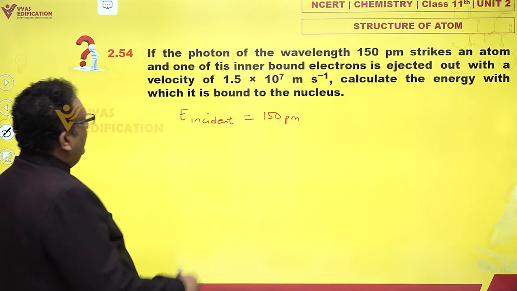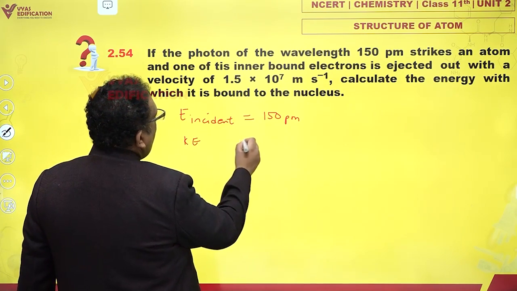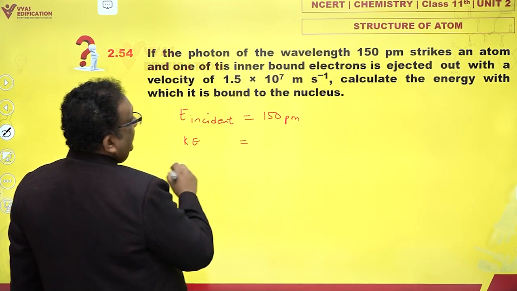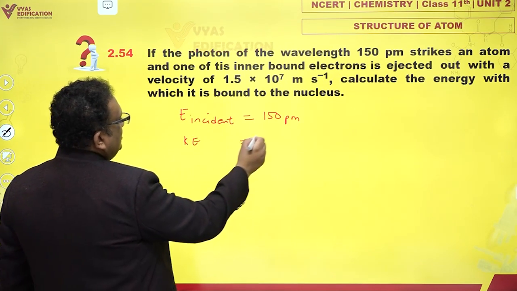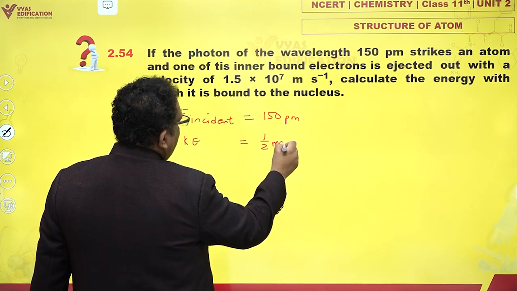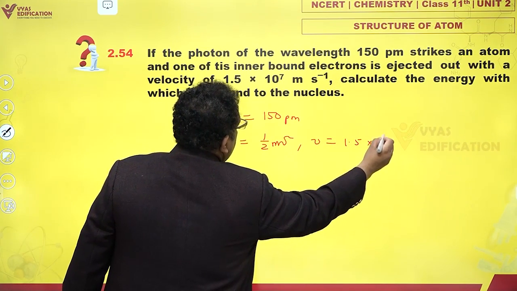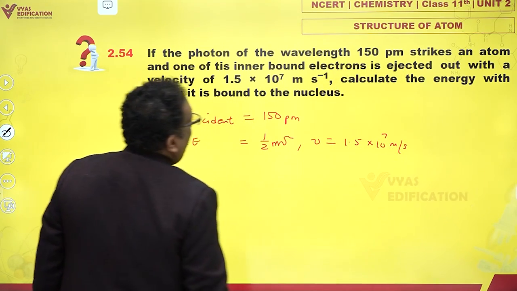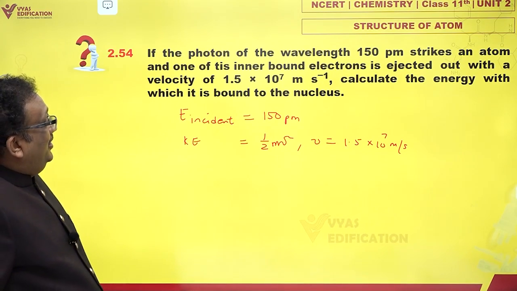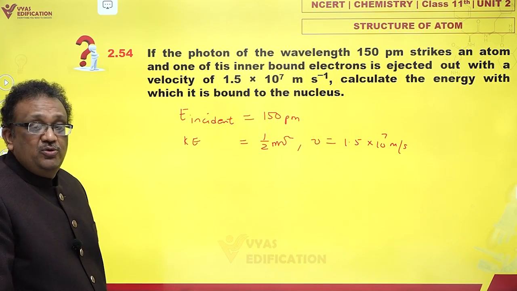The kinetic energy of the ejected photoelectron is half mv square, and v is 1.5 into 10 raised to 7 meters per second, very high. Calculate the energy with which it is bound to the nucleus.